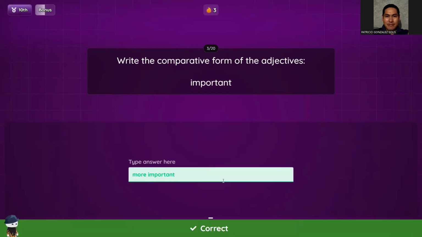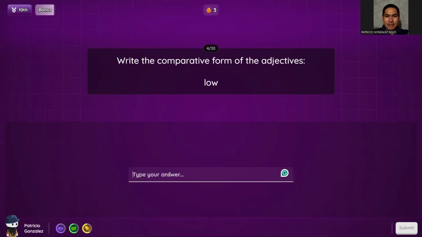Another one, low, it is low, lower. Thank you. Right, my dear students.